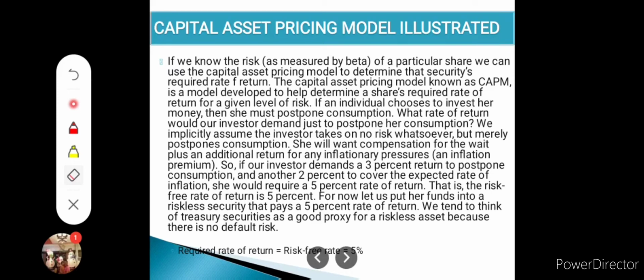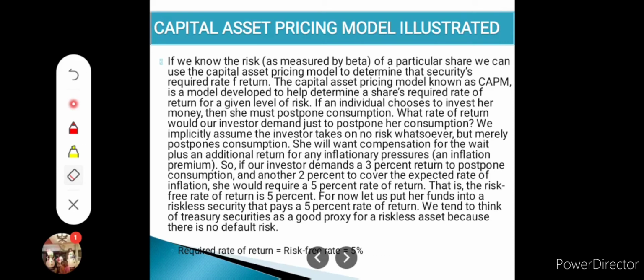My report is all about the capital asset pricing model. If we know the risk as measured by beta of a particular share, we can use the capital asset pricing model to determine that security's required rate of return.